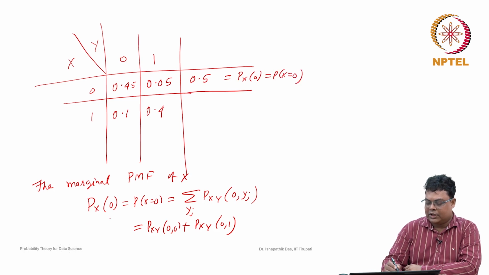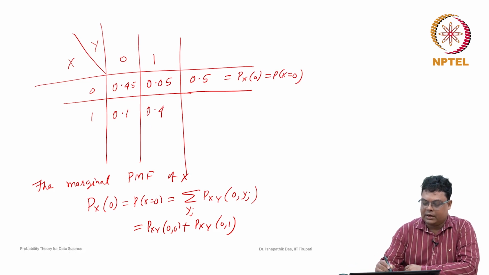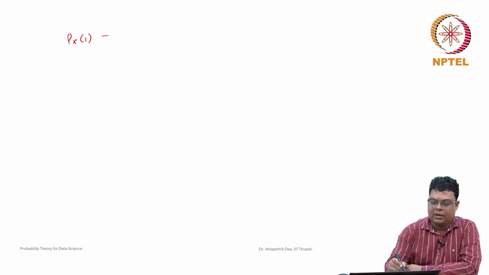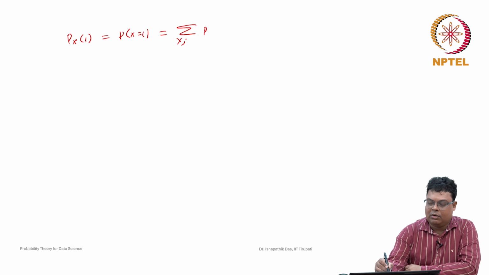Similarly, if you take the row sum of the second row, here also it is 0.5. This is p_X of 1, the probability that X is equal to 1. You sum over all the y_j values of the joint probability mass function keeping x fixed at 1. y_j can take two values, 0 and 1, so p_XY of (1,0) plus p_XY of (1,1).